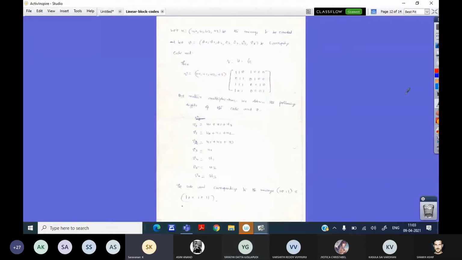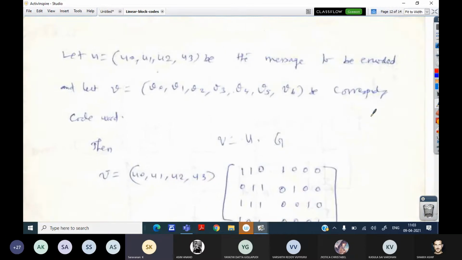See, for getting the encoder, suppose my message is U0, U1, U2, U3. I have clearly given that it is a (7,4) linear block code, so K is going to be 4.